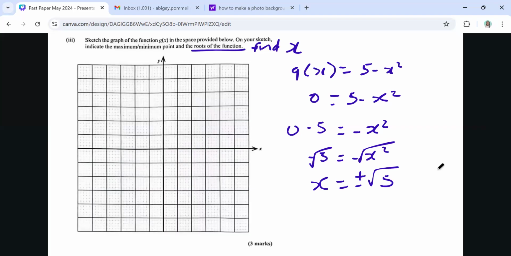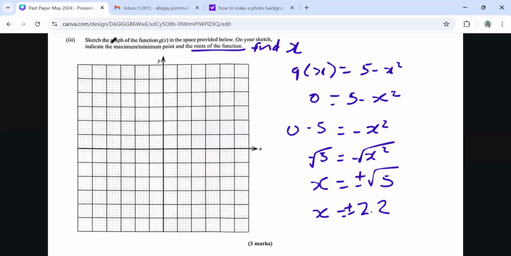So what is square root of 5? 2.2, positive or negative. All right, so we find out what x is.